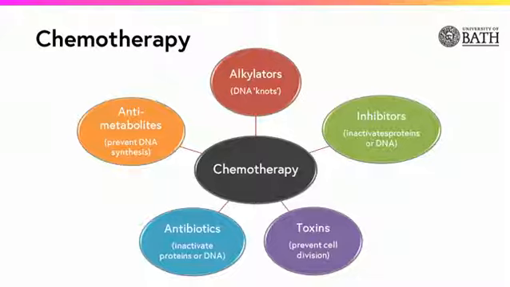And the last category is antimetabolites. Antimetabolites are drugs that target key metabolic pathways for DNA synthesis, for example, enzymes that are needed to make or synthesize new DNA.